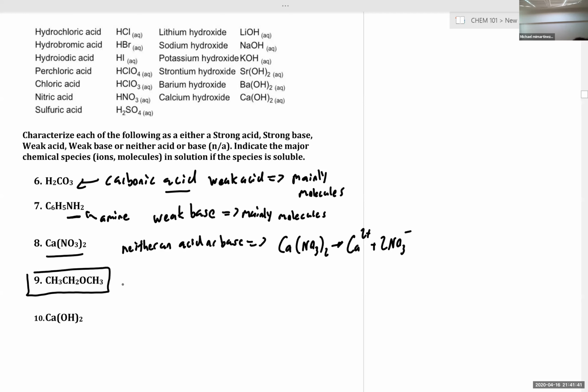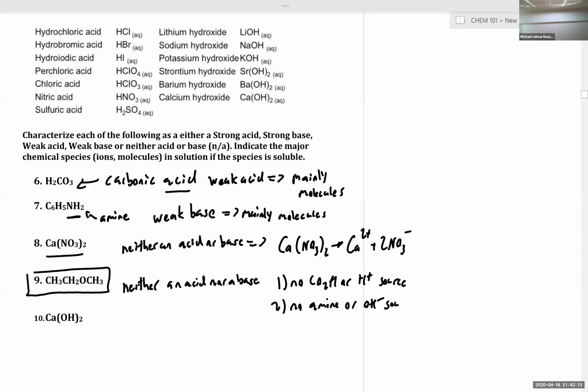So this compound also is neither an acid nor a base. The reason for that is, first and foremost, there's no carboxylic acid or H+ source. Secondly, there's no amine or OH- source.